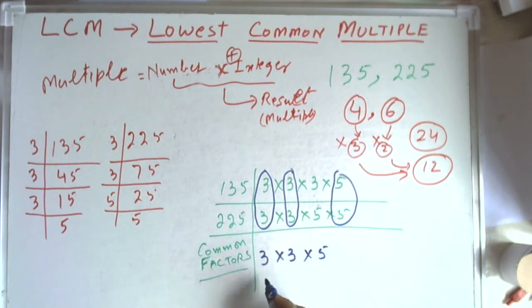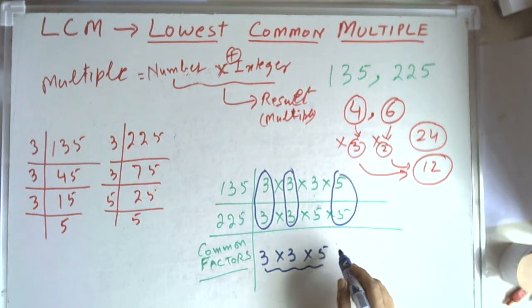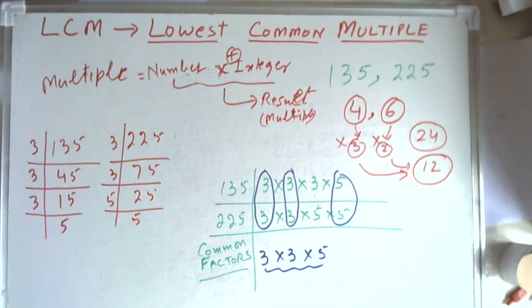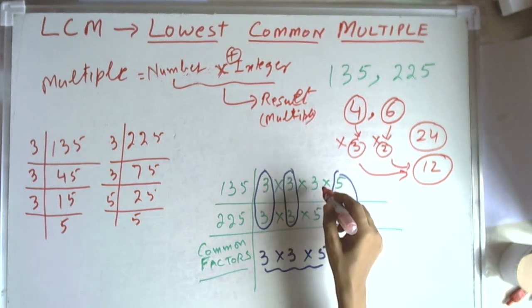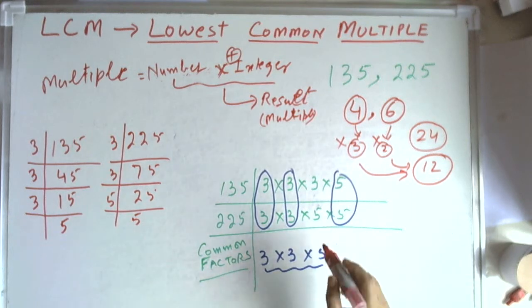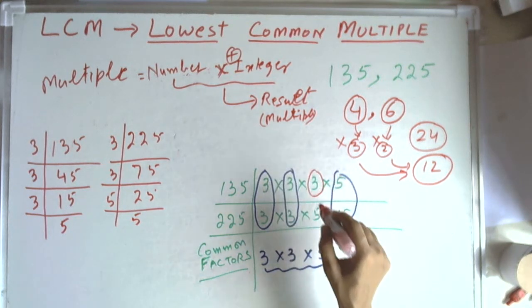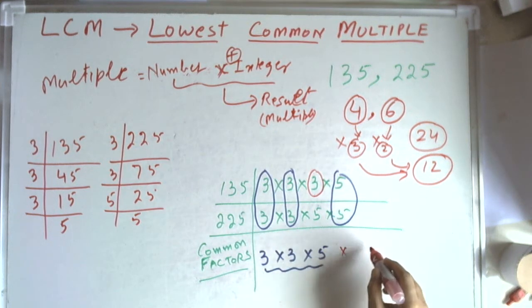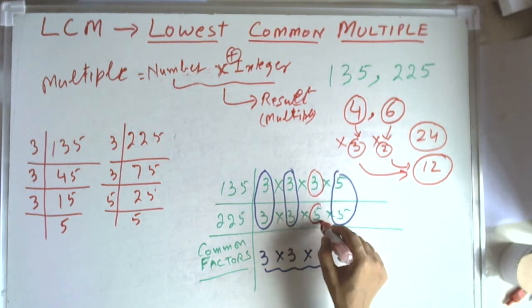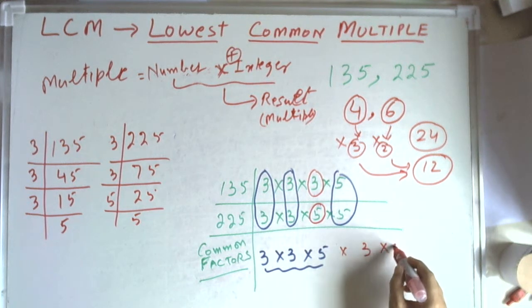So these are the common factors, and as we know, if we just multiply that, we will get the HCF. After that, for finding the LCM, we need to then multiply by the factors which are not common. So we have to take this 3, and also this is not common, so we have to take this also.